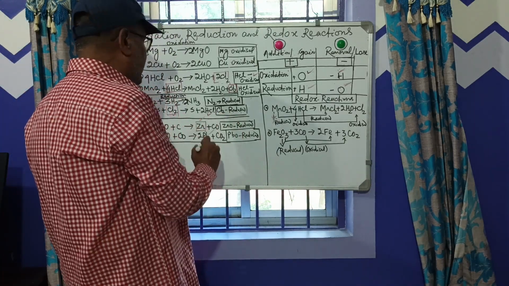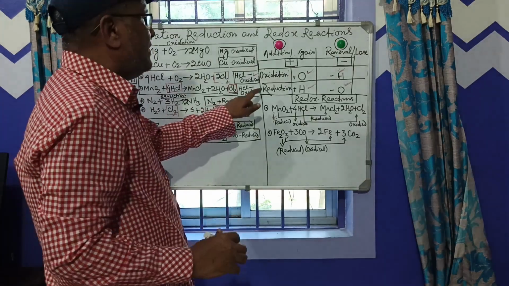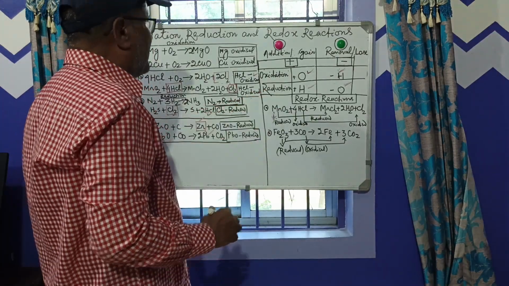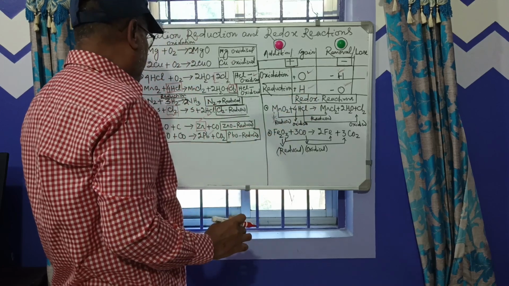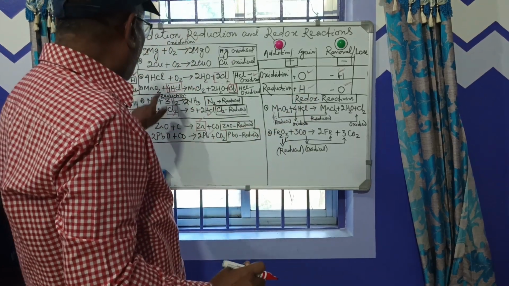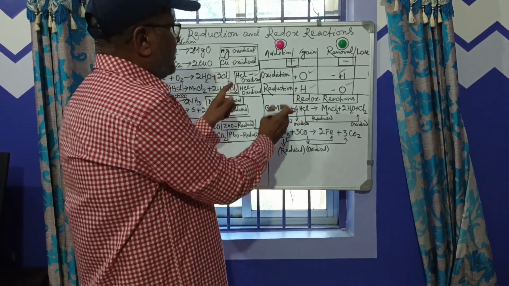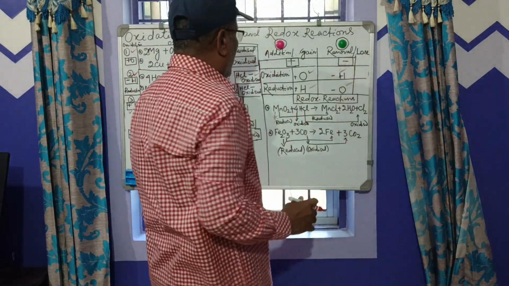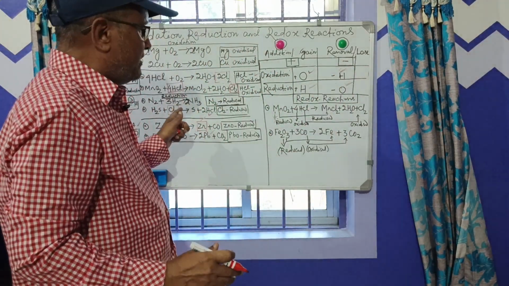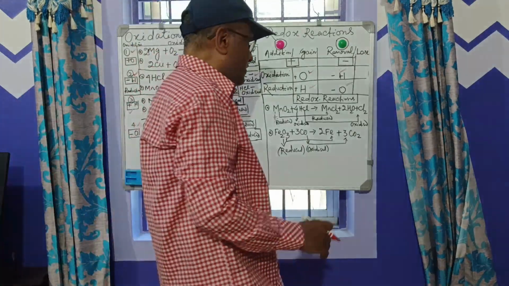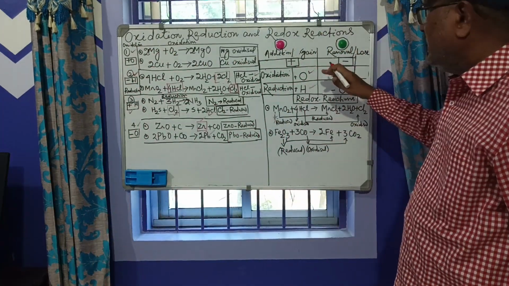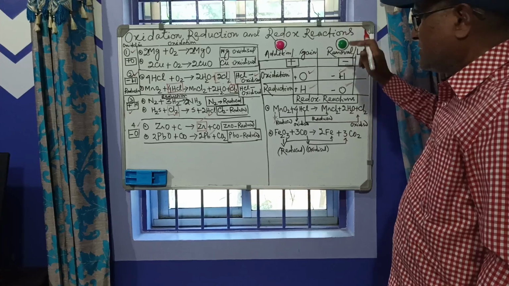These are two examples of reduction reactions, to gain hydrogen or to lose oxygen. These are the four examples based on the formula table for oxidation reaction and reduction reaction. Please remember it. Come to the next reaction, that is redox reaction.